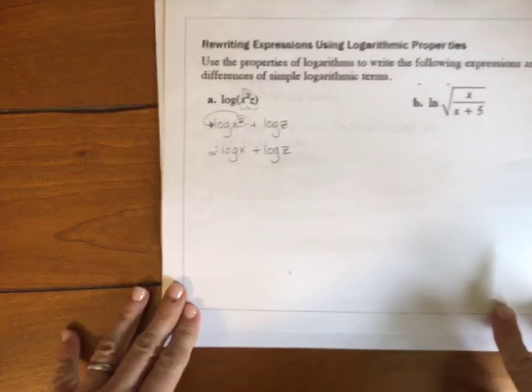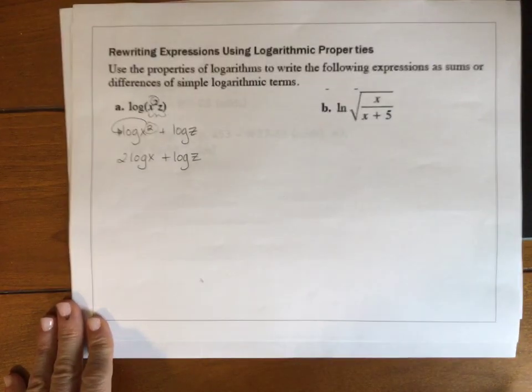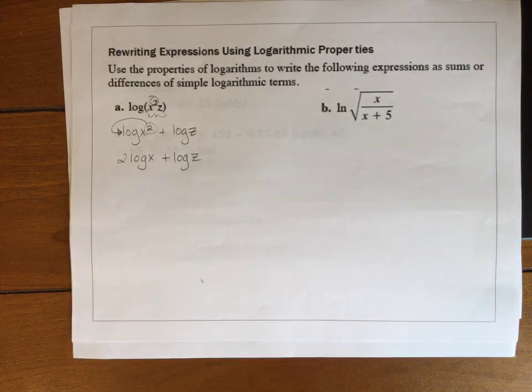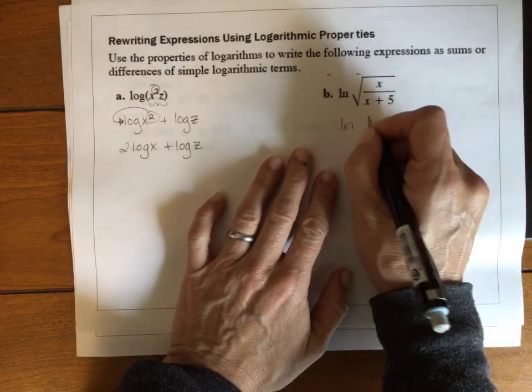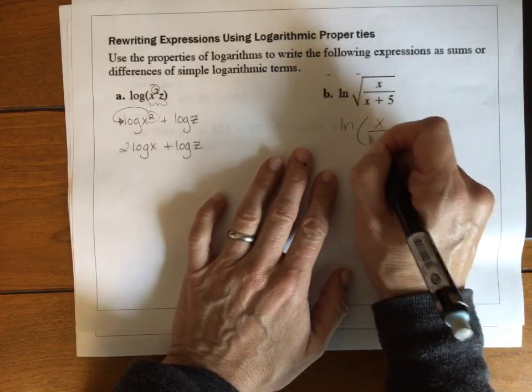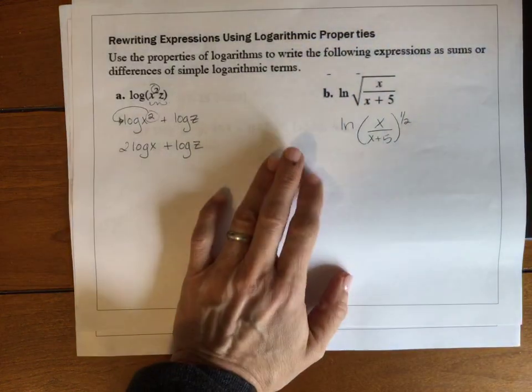And then here is our last example for this video. And again, we've got that square root. So right away, we need to think of rewriting that as a fractional exponent. So x divided by x plus 5, all to the 1/2 power.